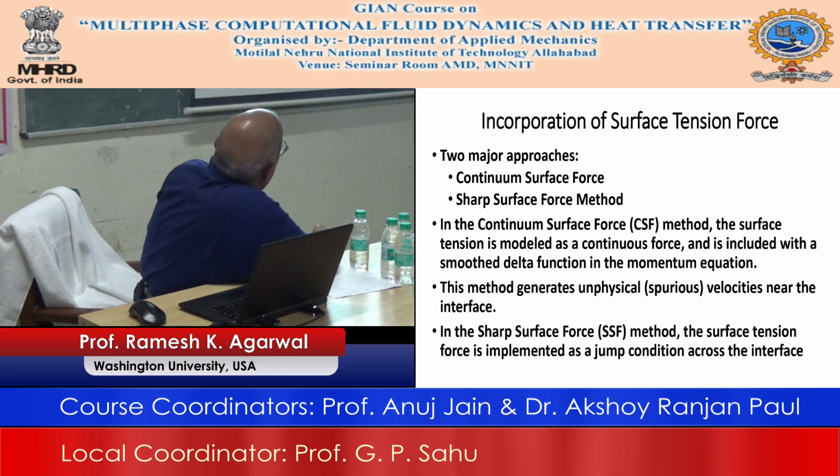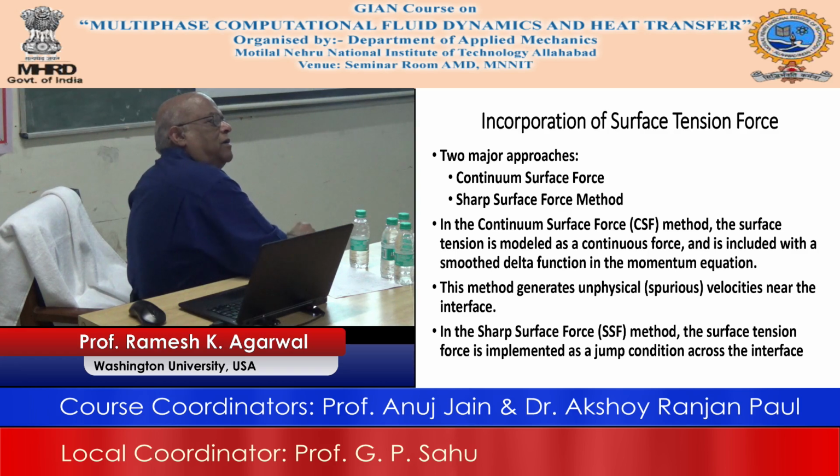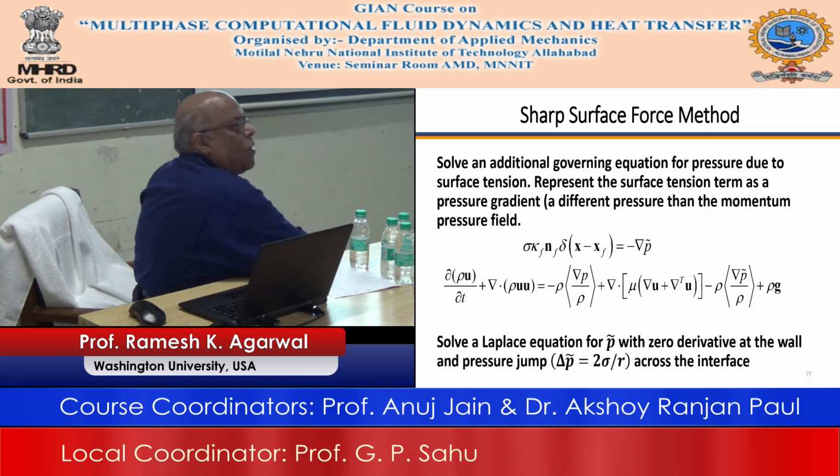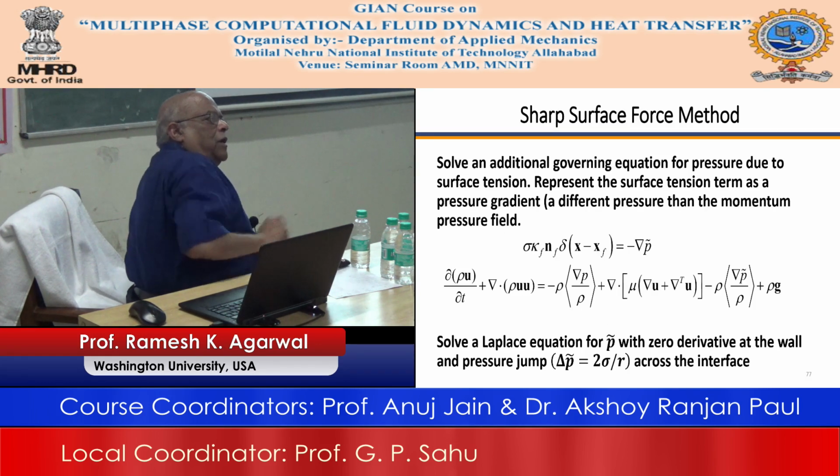But the second method people came up with, the sharp method, implements the surface tension as a jump condition. That means it will completely assure that the interface is going to be a sharp interface. So now this is the term that we are interested in. How are you going to calculate this term on a grid?